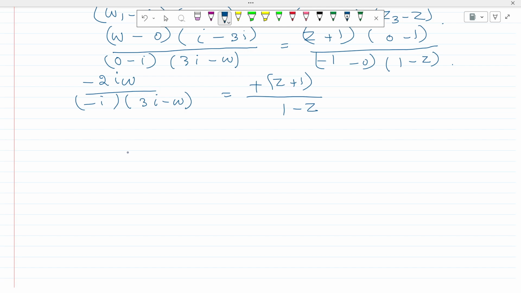Now listen, in the last problem, in the numerator W minus 1 was there, so we could easily write the answer. Now we are not able to simplify like this.